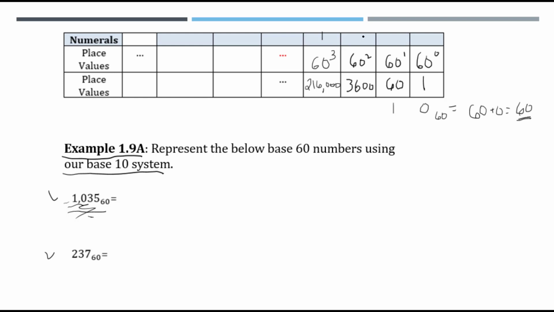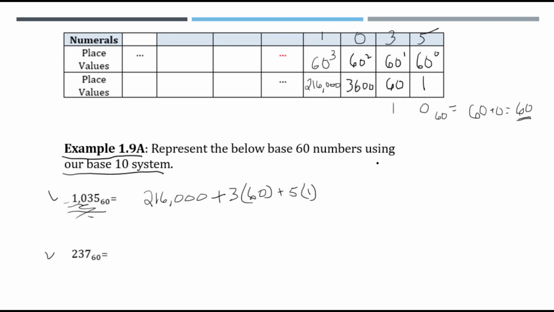1, 0, 3, 5. That means one of these, so I have 216,000 plus 3 sixties plus 5 ones.